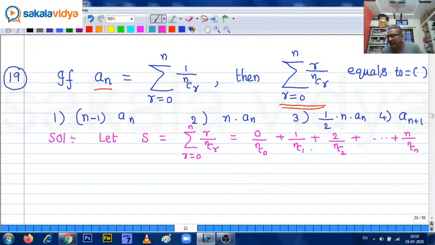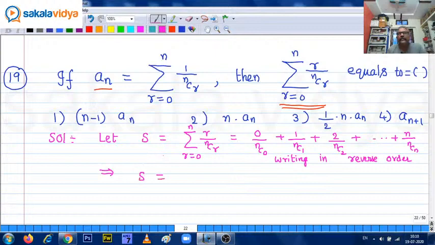Now write it in reverse order. Even if you write it in reverse order, you get the S value itself only.